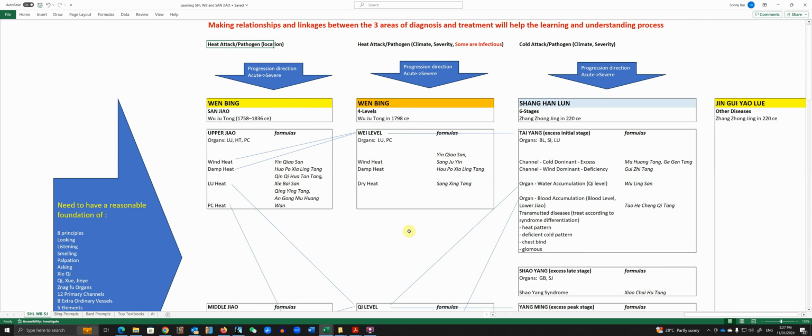And you're meant to use all three approaches dynamically in order to come up with the best diagnosis and treatment.